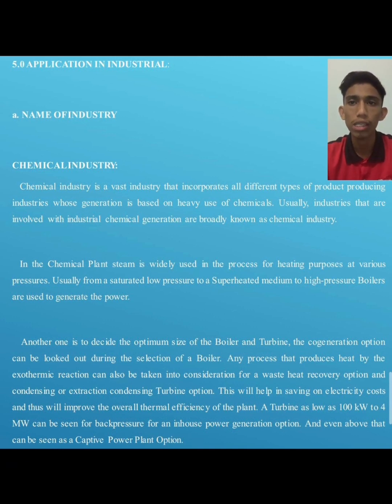This will help in saving on electricity costs and thus will improve the overall thermal efficiency of the plant. A turbine as low as 100 kW to 4 MW can be seen for back pressure for an in-house power generation option, and even above that can be seen as a captive power plant option.